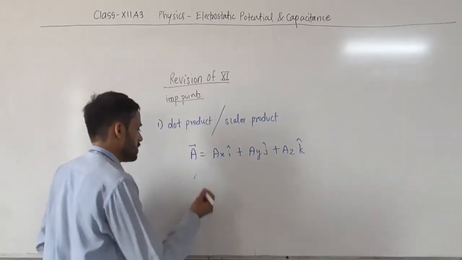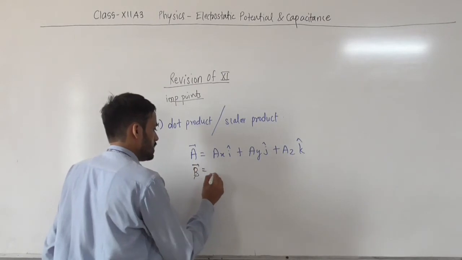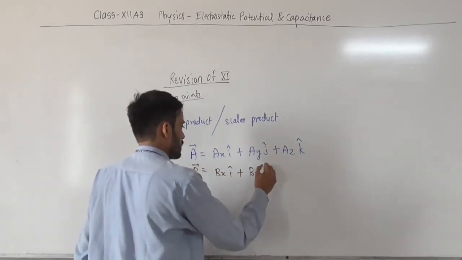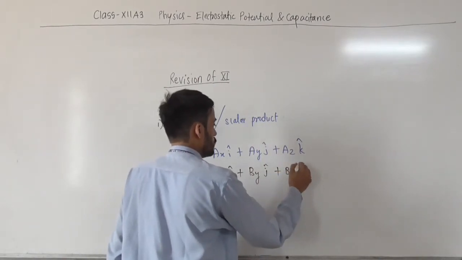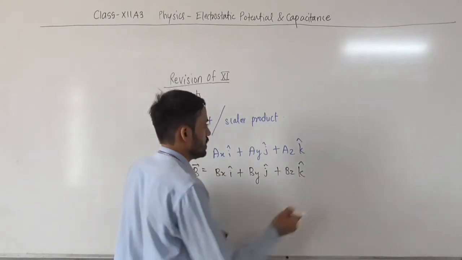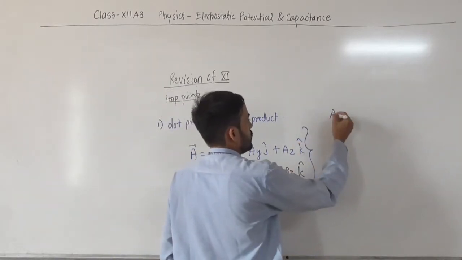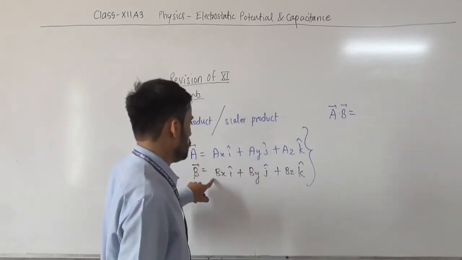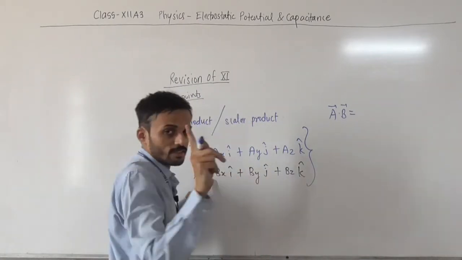The other is B. Suppose B is given as BX into I cap plus BY into J cap plus BZ into K cap. Now what happens? I can write A dot B as AX into BX, I dot I is 1.